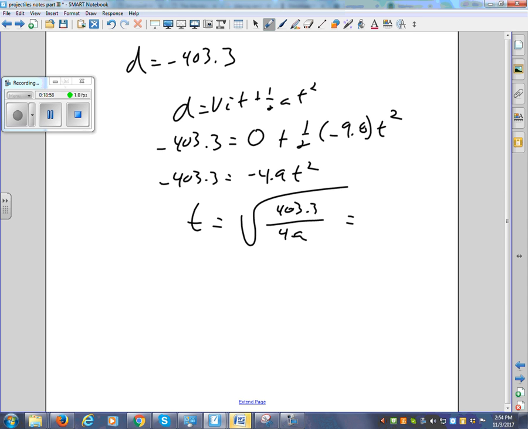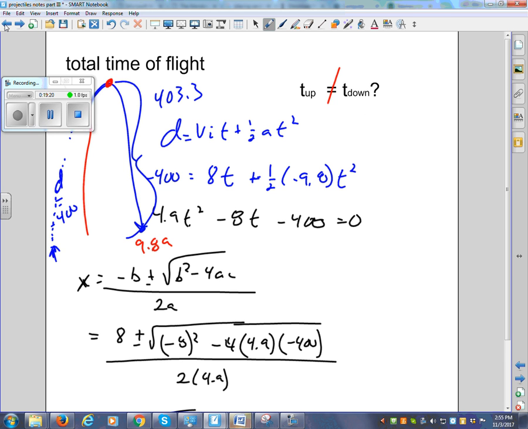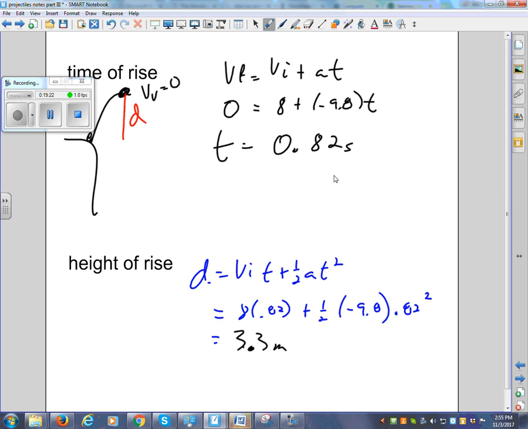9.07. Well, that's not it. We got 9.88. We have to add on the time up, which was 0.82.